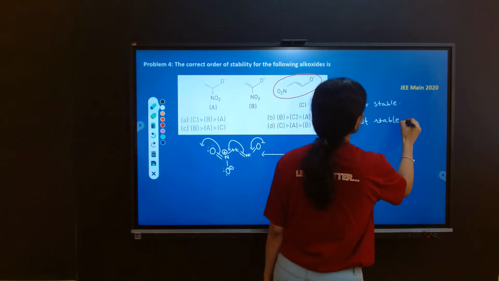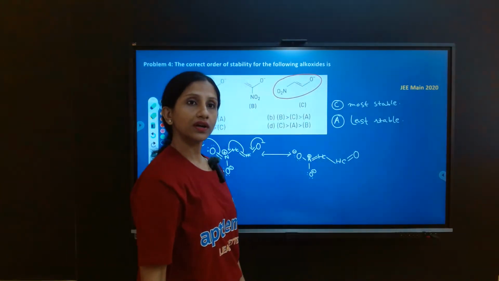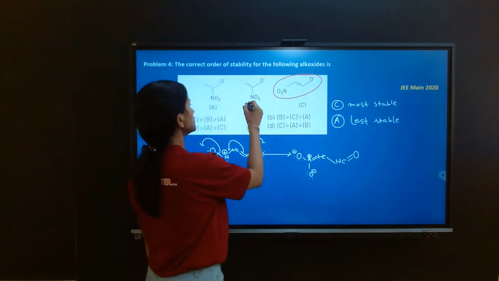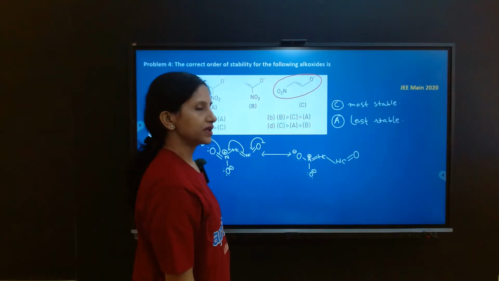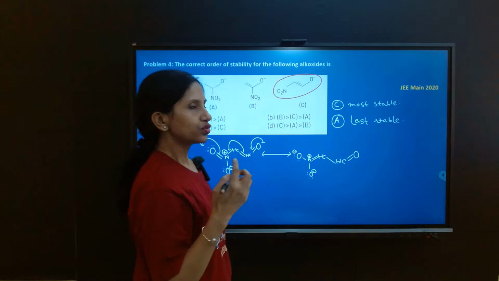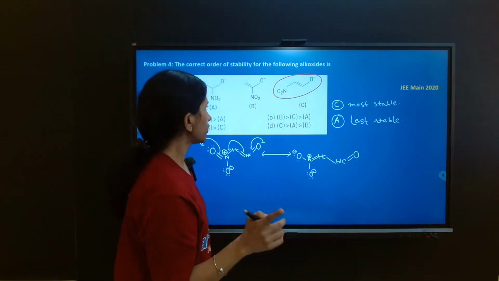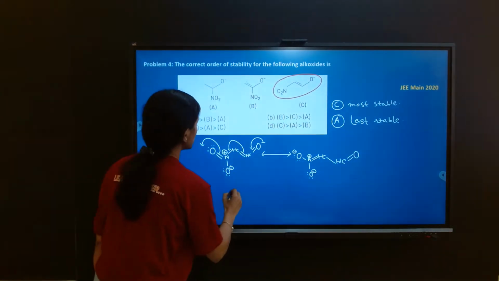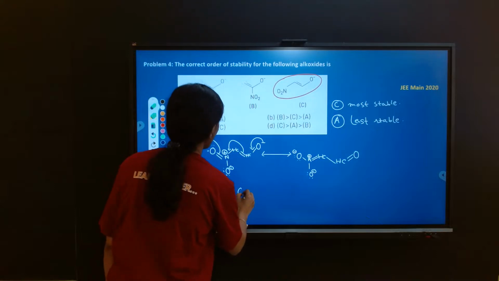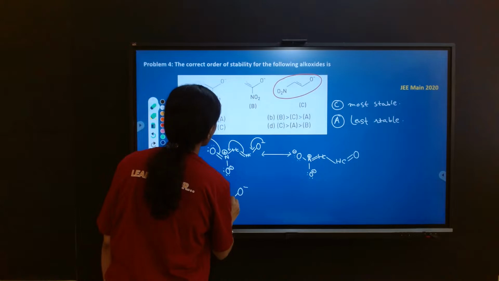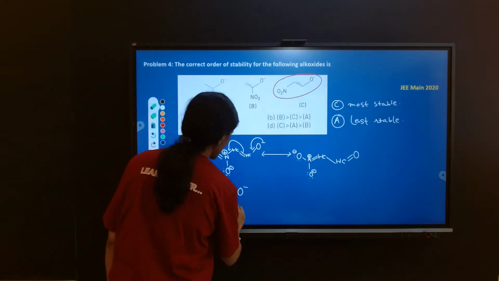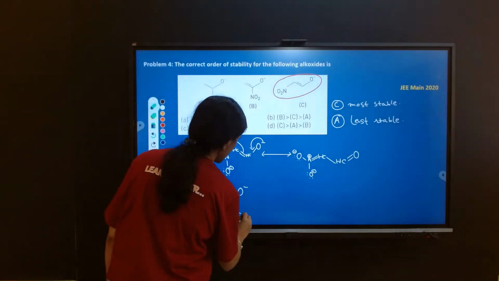Now, in order to find out the correct order of stability, we have to consider the structure of B. Again, for B, two resonating structures are possible. So I'm going to draw it. So O minus C double bond CH2 and NO2 can be written in the following manner. O minus.